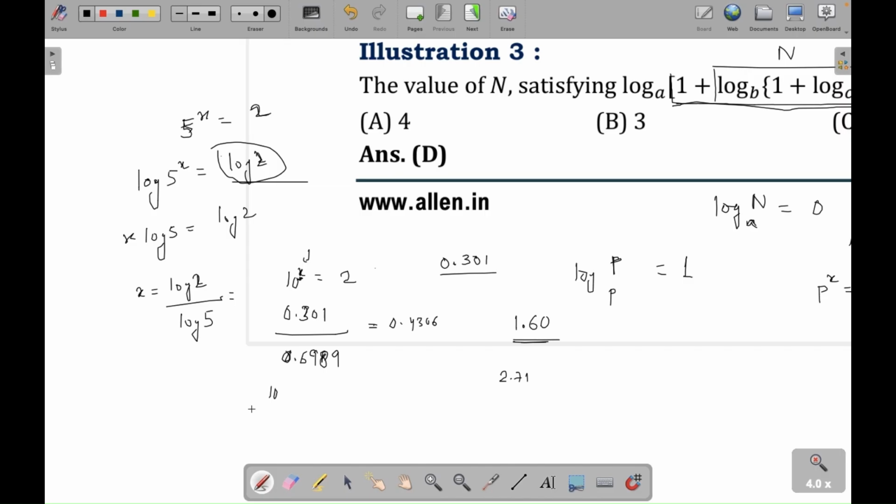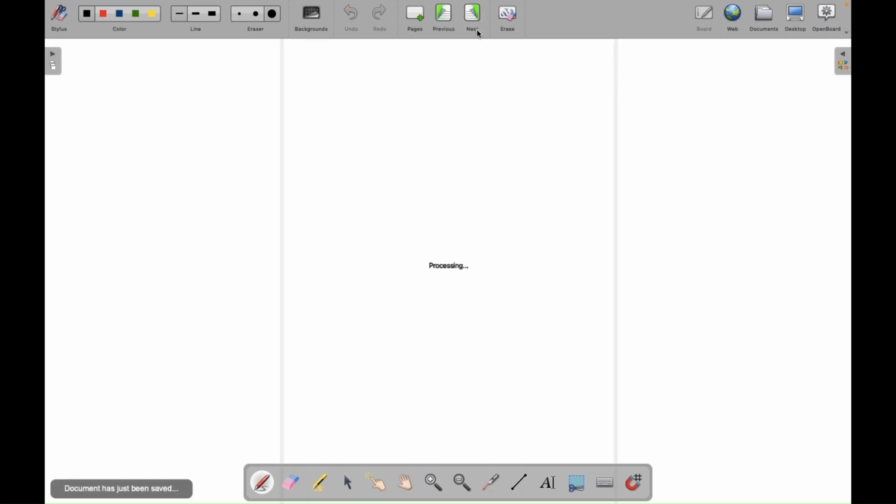Because we have to take some root of 10 to get 5. However, we have to take some power of 2.71 to get 5, which is 1.6. So if you take 2.71 to the power 1.6, you'll get 5. Any doubts? No, sir.